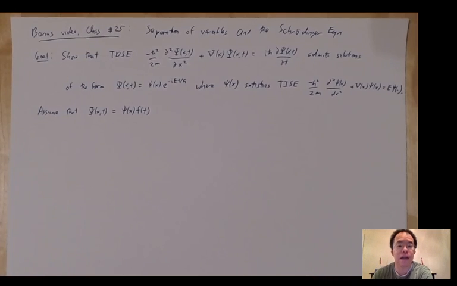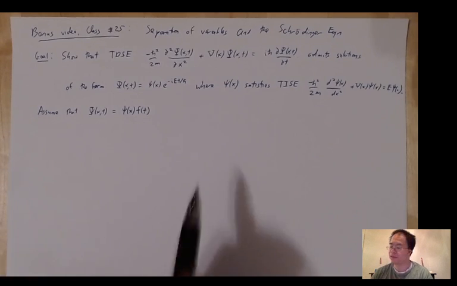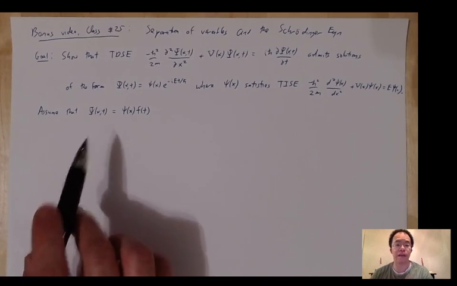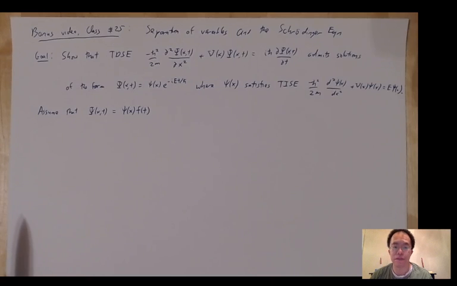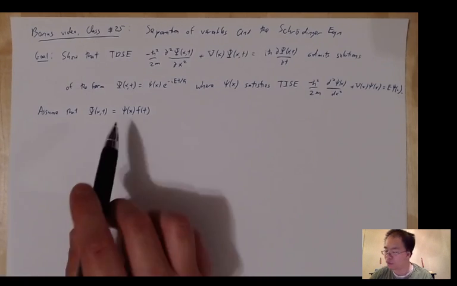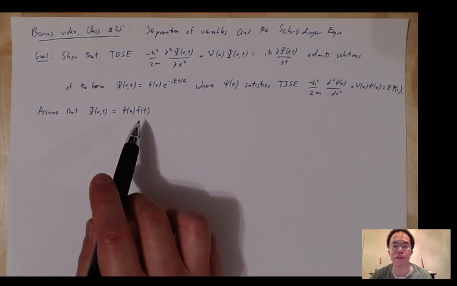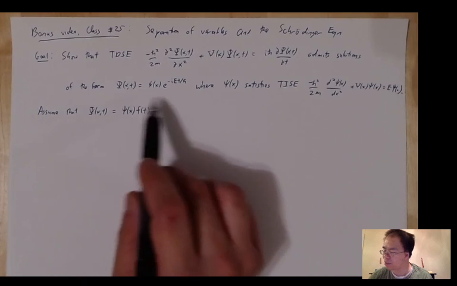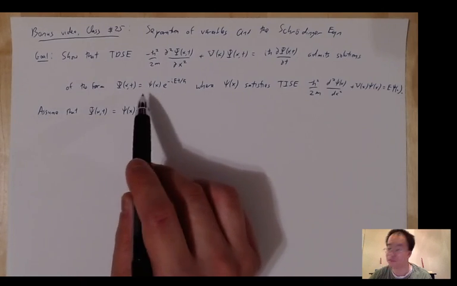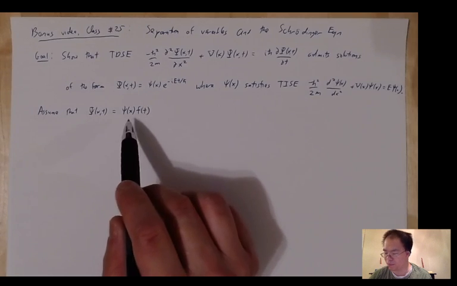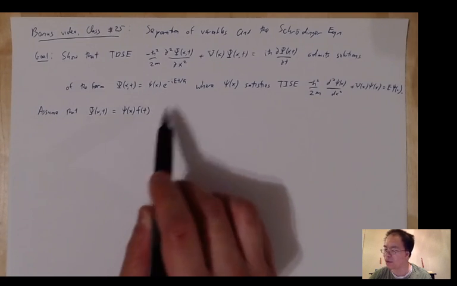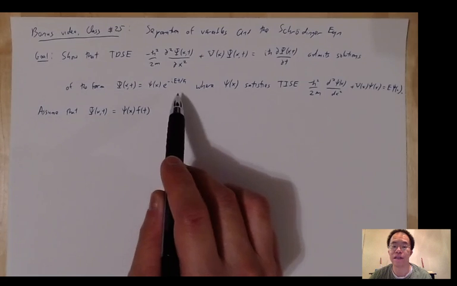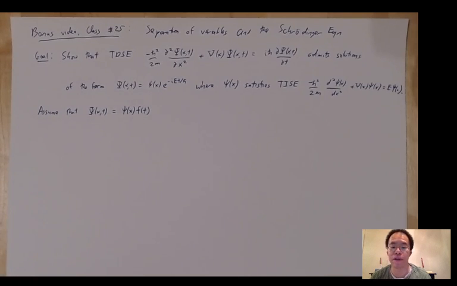This is why the technique is called separation of variables, because we're separating the full function into a piece that depends just on position and a piece that depends just on time. And you can see that what we're trying to show really does have this form. We're essentially going to show that our f(t) is in fact this e to the minus i E t over h bar factor.